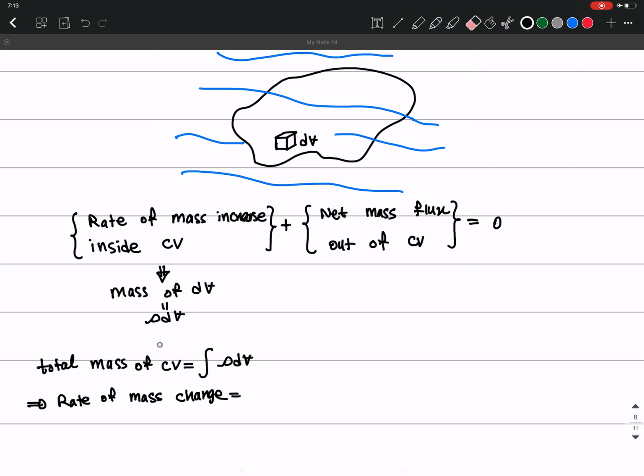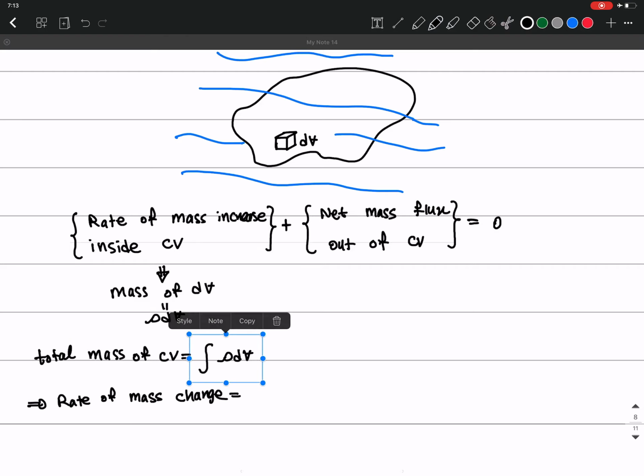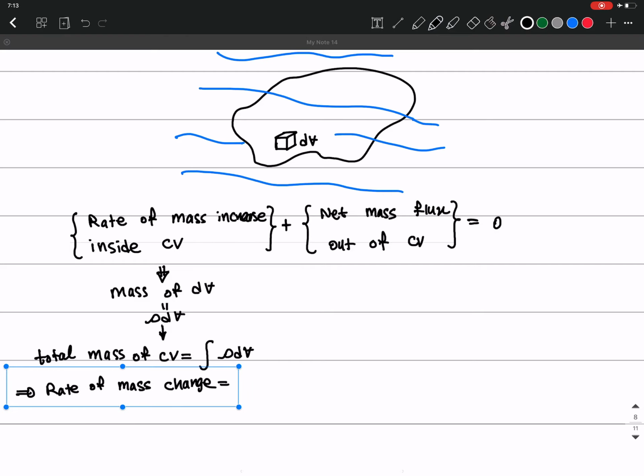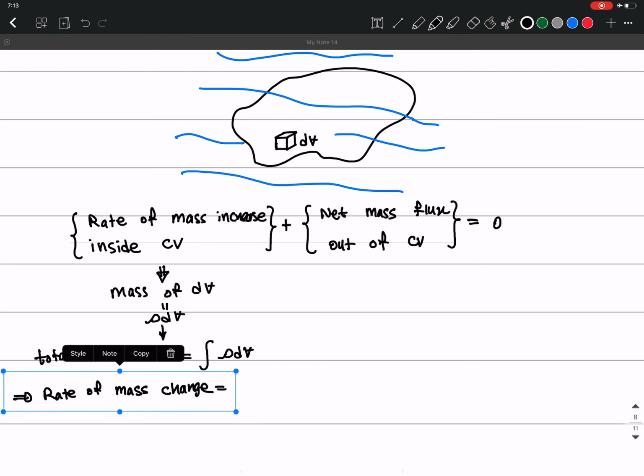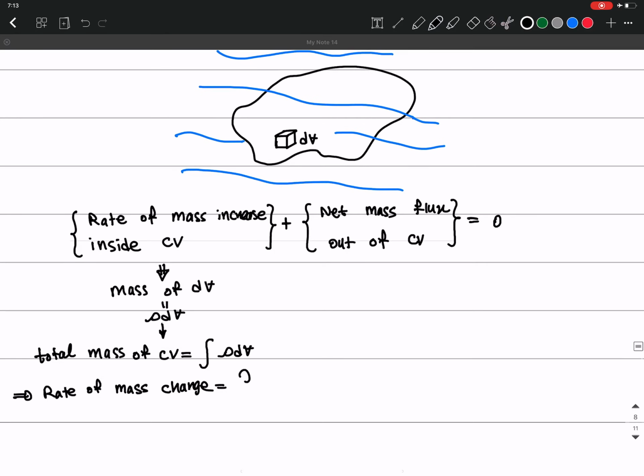So the rate of mass change is we just need to take the derivative with respect to time of the total mass inside this control volume, right? So this is going to be the rate of mass change.